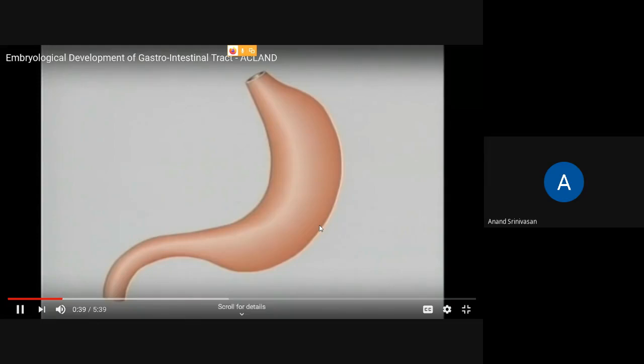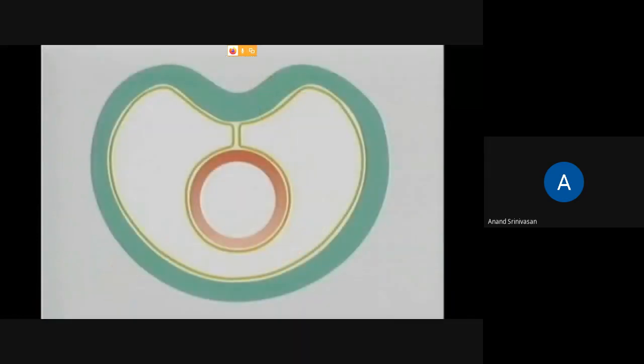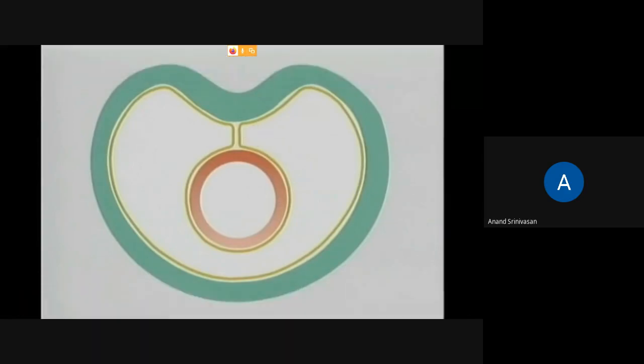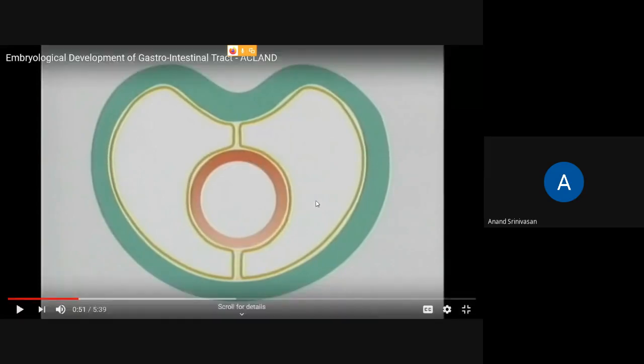The foregut is different from the rest of the GI tract. The hindgut and midgut are attached to the body wall by a double-folded peritoneum, only along the back. The foregut is attached also at the front. So now do you see? Compared to the foregut, the midgut and hindgut are attached only to the posterior side, which is the dorsal mesentery.